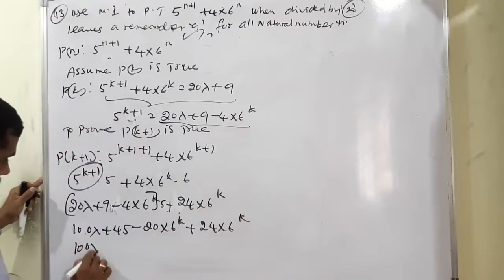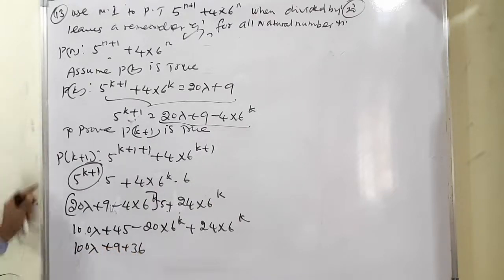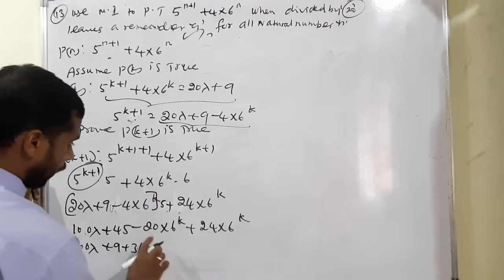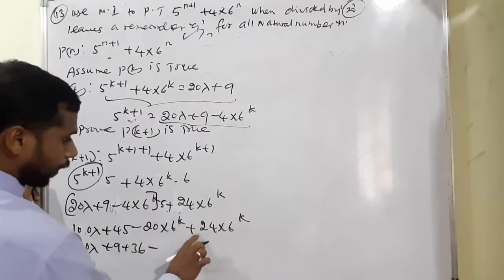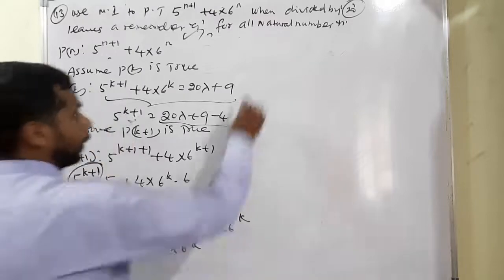So 100 lambda, we can split 45 as 9 plus 36. 36 plus 9 is equal to 45 again, minus 20 into 6 to the power k plus 24. So we can write it positive 4 into 6 to the power k.